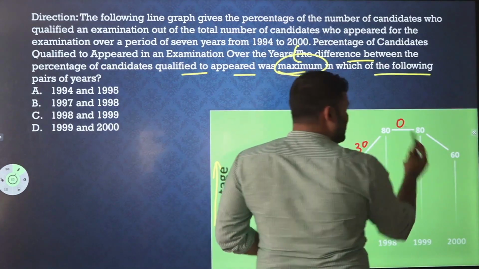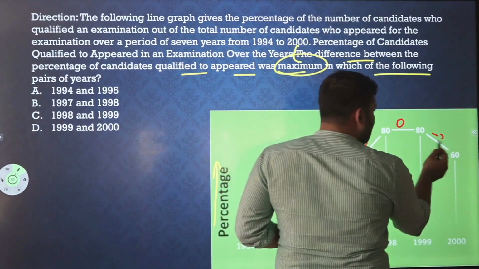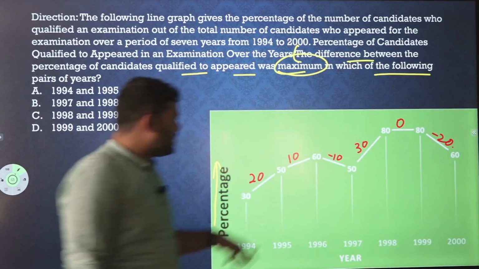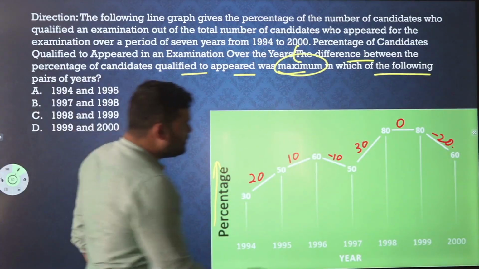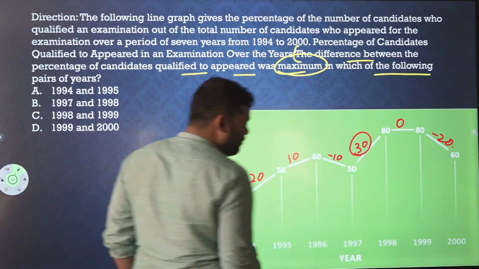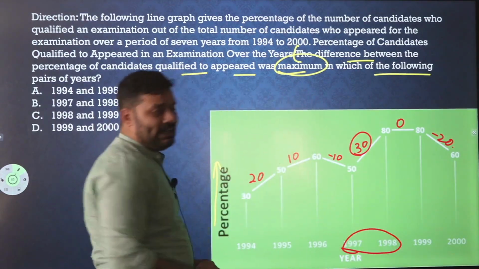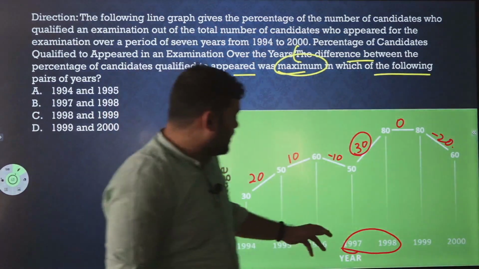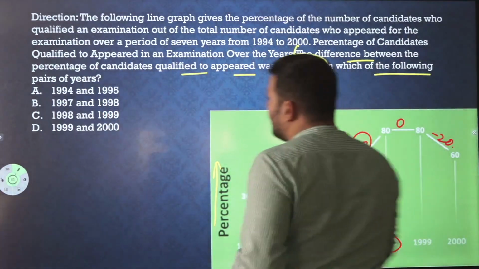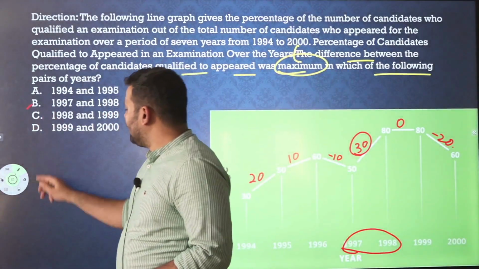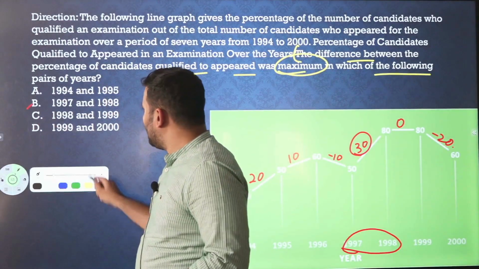Between 80 and 80 there is no change. 80 and 60, the change is minus 20. So where do you see the maximum? Maximum is 30, and that is between 1997 and 1998. So the right answer here is 1997, 1998. That is option B.